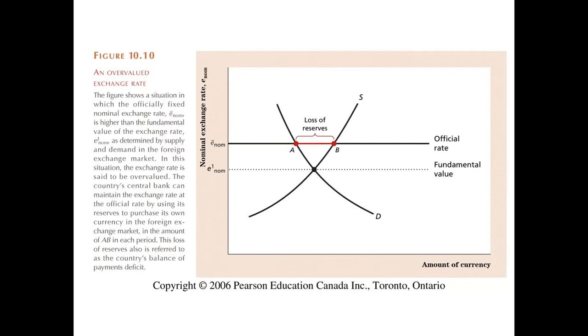The reserves can be utilized to maintain this level for the fixed exchange rate system. The reason is for us to have more currency available in our economy, thereby lowering the value to the fundamental value. Remember, law of supply and demand.